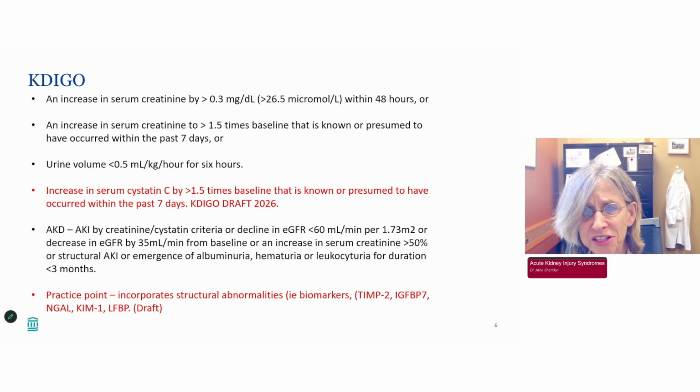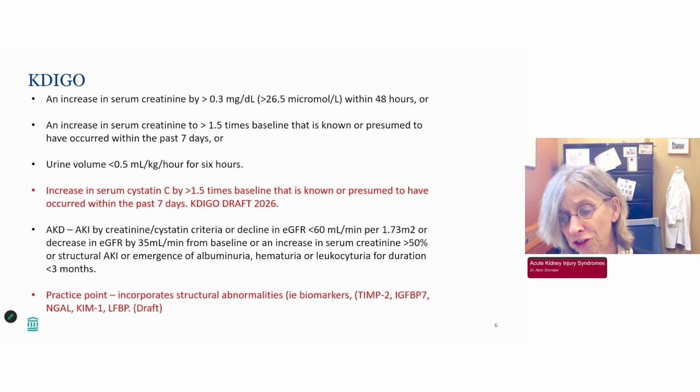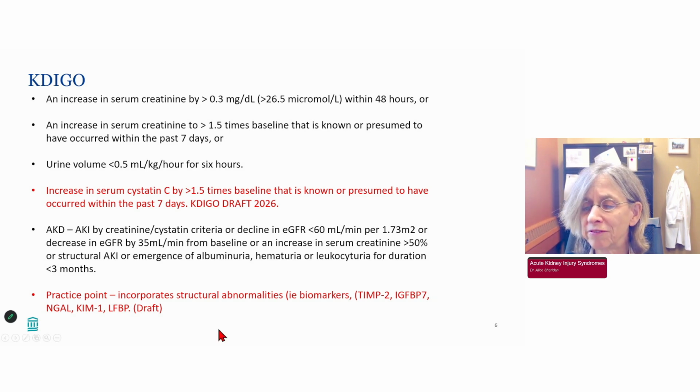I'll discuss this further in a few slides, but they are defining AKI by, in addition to urine volume, creatinine parameters, by an increase in the cystatin C by 1.5 times the baseline, known or presumed to have occurred within the past 7 days.